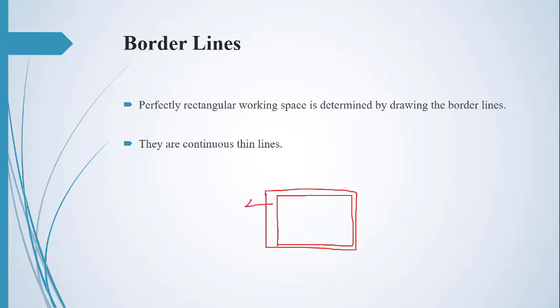The space provided will be 2 centimeter here, 1 centimeter here, 1 centimeter here, and 1 centimeter at the bottom. So this is the border line, which is a continuous thin line.